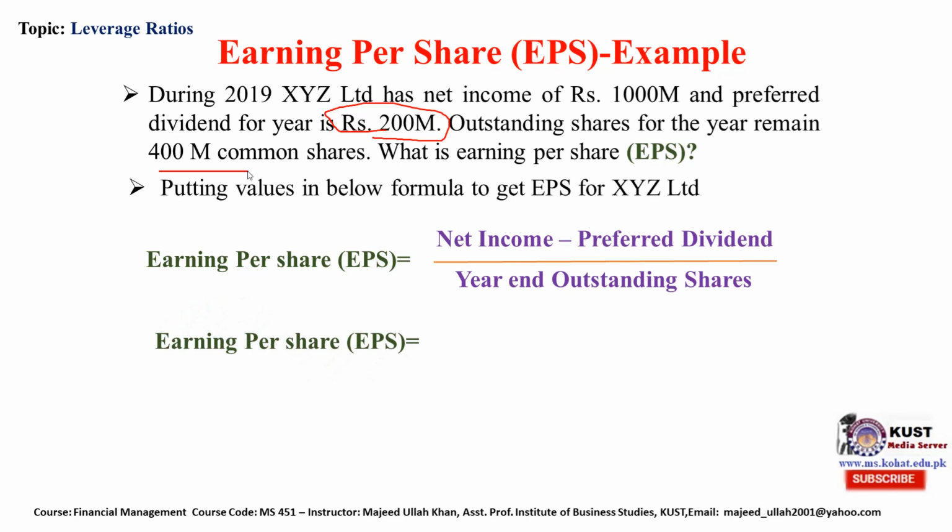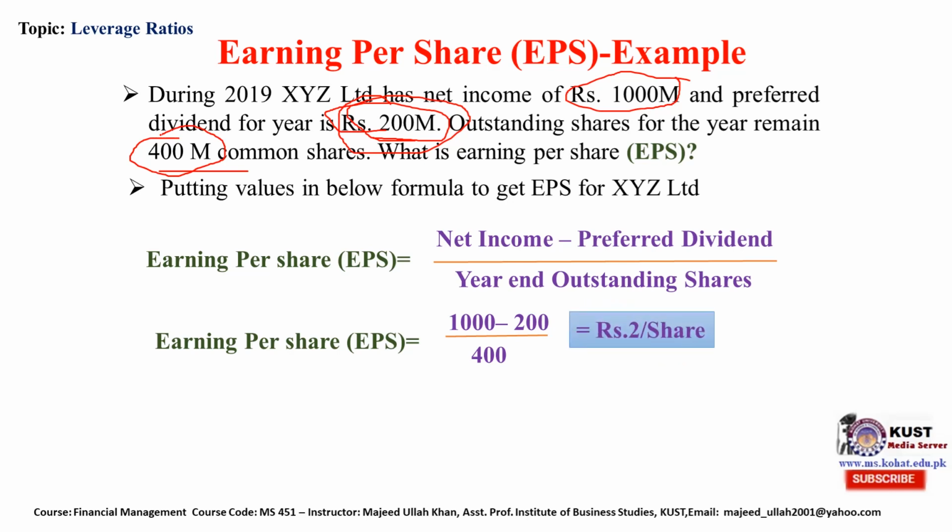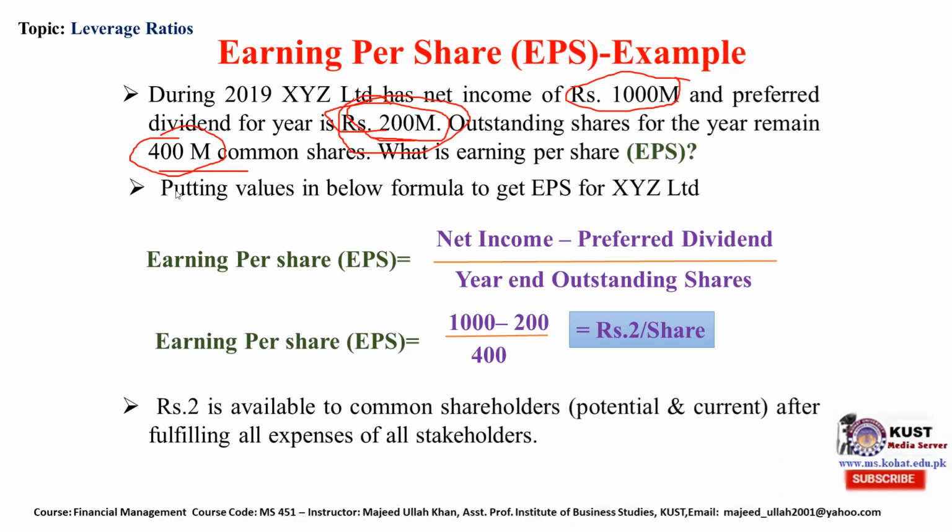So earning per share is equal to 1000, which is the net income, minus 200, which is the preferred dividend, divided by 400 million common shares. So earning per share is 2 rupees per share for the company.